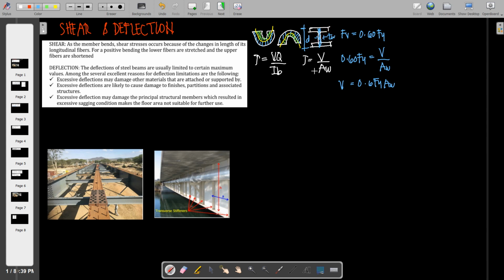Now this formula is multiplied by Cv, wherein Cv is the modifier for buckling behavior of our web.